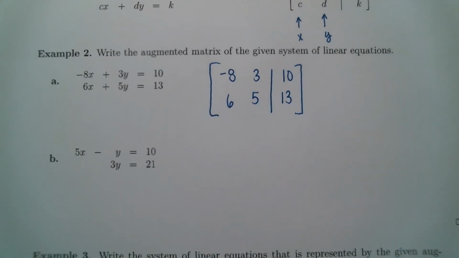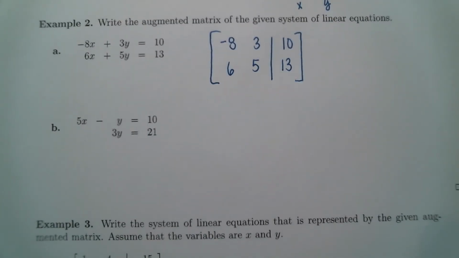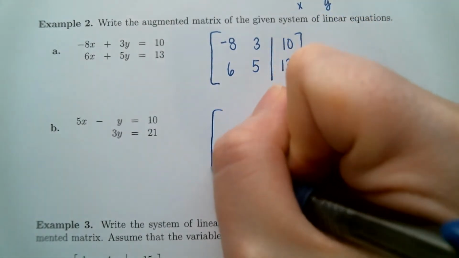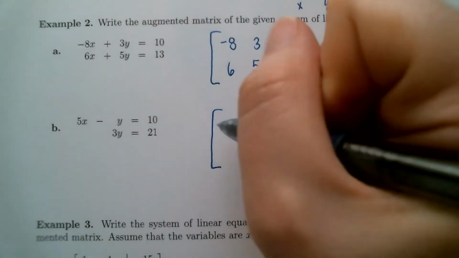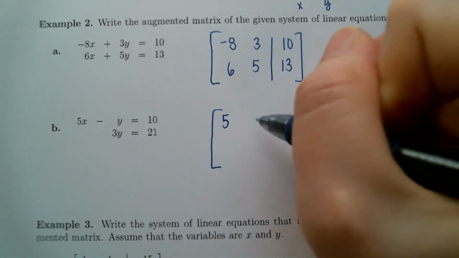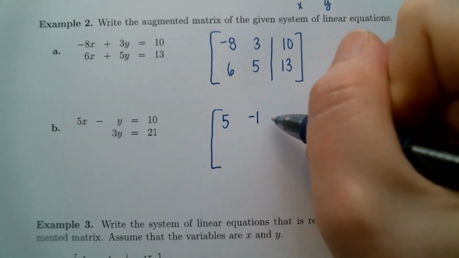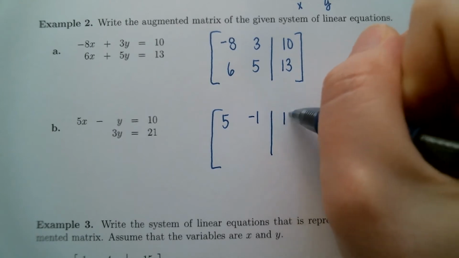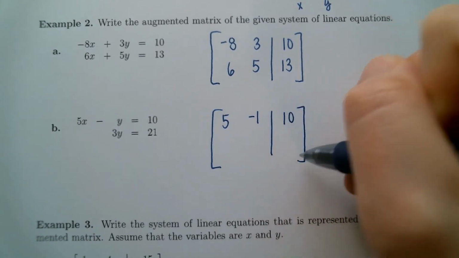Let's try one more. Part B, your system of equations is 5x minus y is equal to 10, and the second equation is 3y is equal to 21. Let's write down the matrix. First equation, positive 5 in front of x, negative 1 in front of y, positive 10 on the other side of the equal sign.